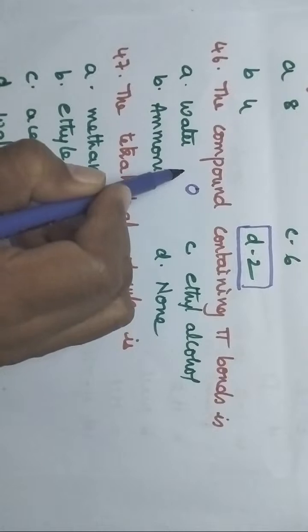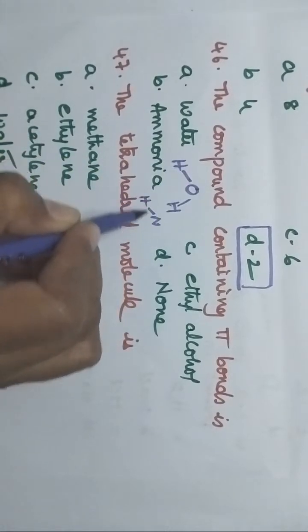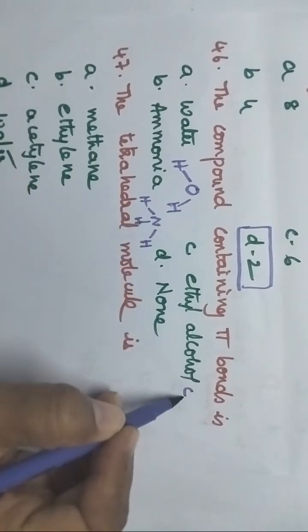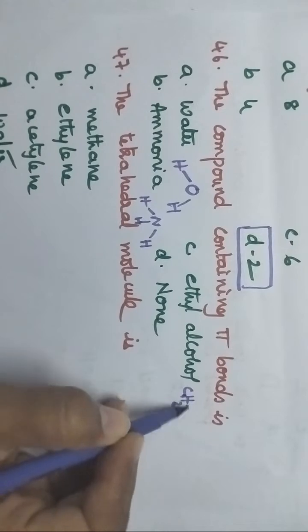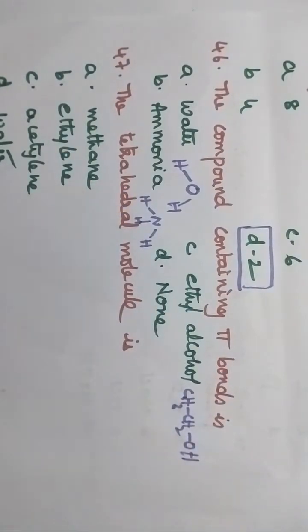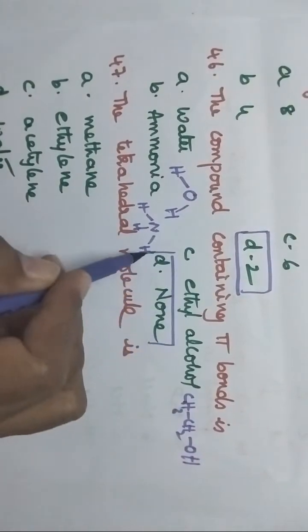Water, ammonia, ethyl alcohol, CH3CH2OH. So no compound is having pi bonds. So option D is the right answer.